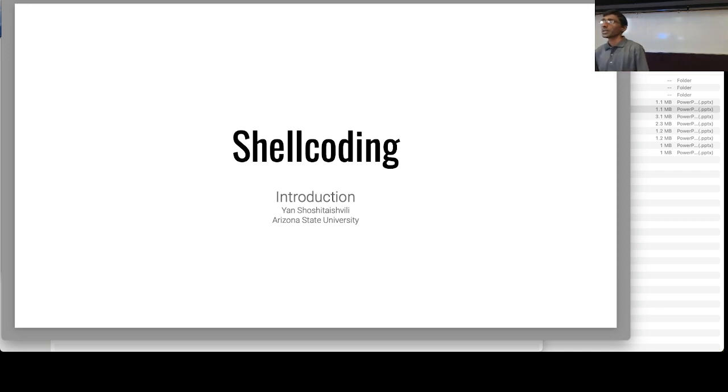So what do you mean by shell coding? In the context of binary exploitation, as I mentioned, binary exploitation is attacking the program or the system by using a vulnerability from the binary level. Shell coding involves crafting a payload that can be injected into the shell and getting complete control over it.